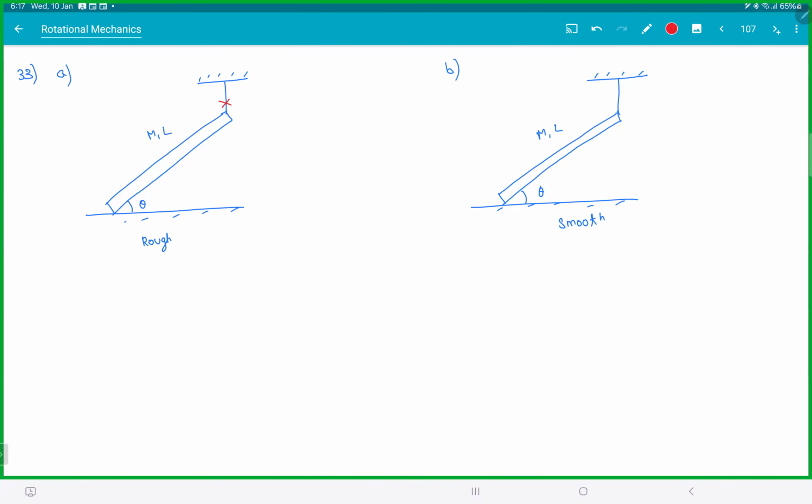The string is cut. So in this first question, find alpha, friction, and mu minimum for no slipping just after cutting.